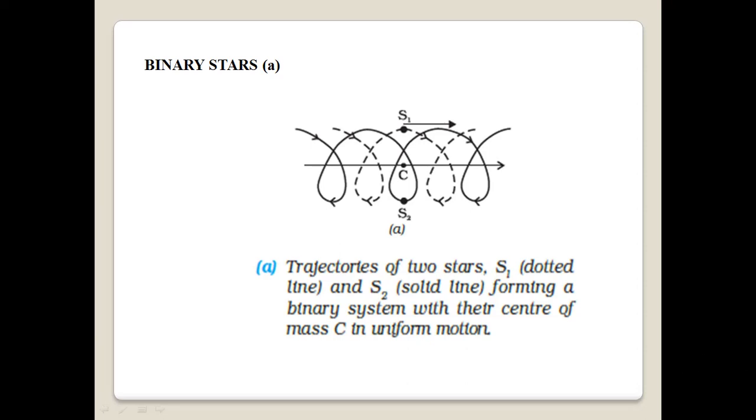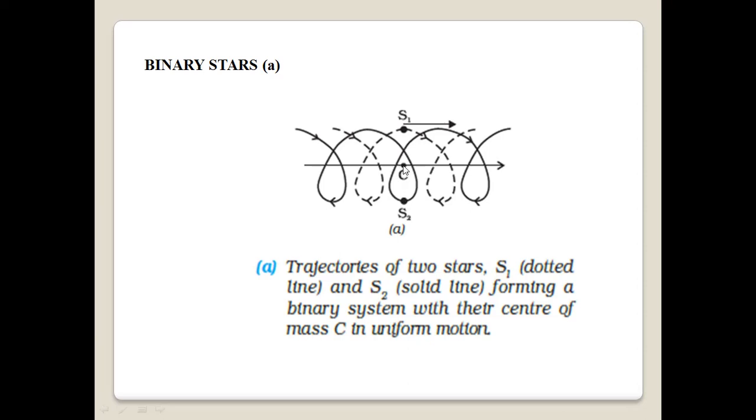Now when they are always at the same distance from each other, so center of mass will be somewhere along this line if they are of equal mass. See, center of mass is along this line. So whatever position S1 takes and whatever position S2 takes, they will always be diametrically opposite to each other. This distance between S1 and S2 will be maintained.